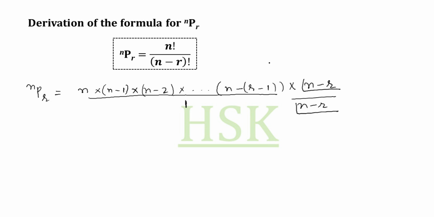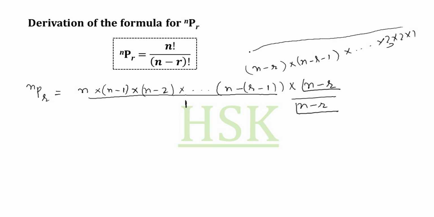So n minus r factorial represents what? n minus r into n minus r minus 1, n minus r minus 2, and so on up to 3 into 2 into 1. So it is going to complete the series of the product of numbers from 1 to n.